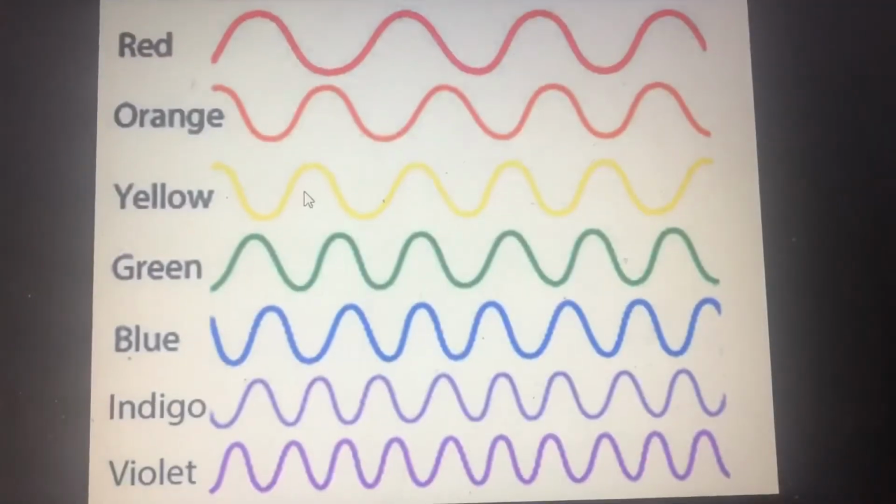The one over here at the end of the rainbow, you remember? Yes, violet. That's right. And of course, and we're not going to get into that too much today, but there are waves that are longer, much longer wavelength than the red, and much shorter than the violet, okay? You remember this from last week?